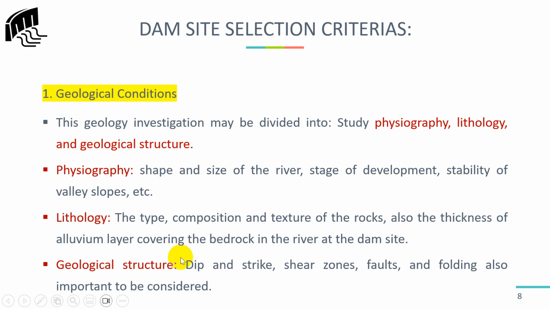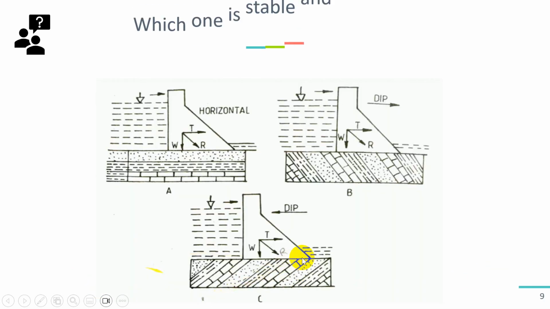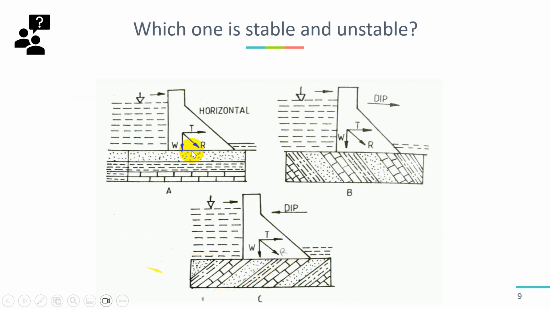And for geological structure, there are some structures in geology like dip and strike. Dip is about angle and strike is about direction. Seams, faults, and folding are also important to be considered. From these images, which one is stable and unstable?